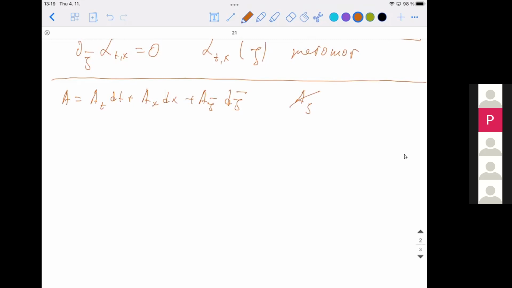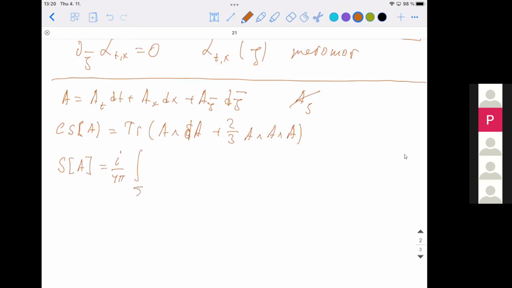The three-dimensional Chern-Simons form is like this: A dA plus 2/3 A cubed. So in components, we can write the four-dimensional action as this.